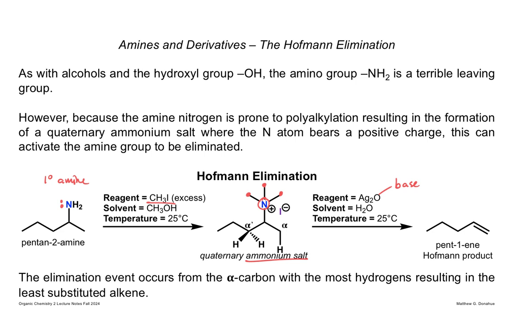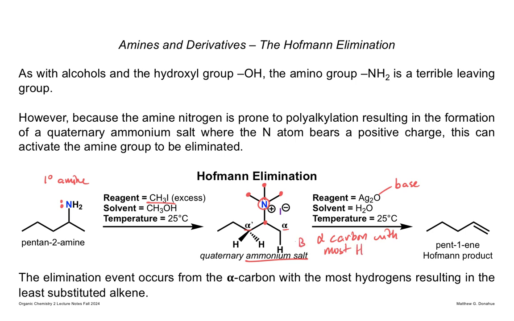The way this happens is, here's our carbon of interest. We have 2 alpha carbons. One has 3 hydrogens, the other has 2. The alpha carbon with the most hydrogens is the one that undergoes the reaction.